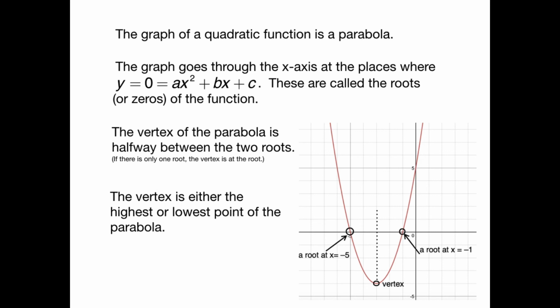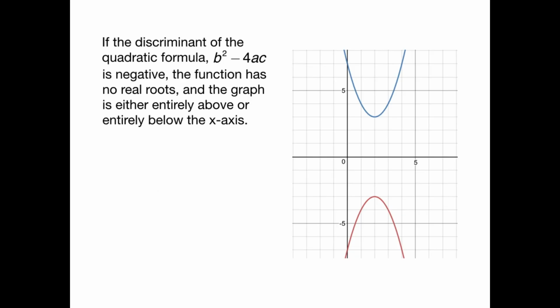And the vertex is either the highest or the lowest point of the parabola. If the discriminant of the quadratic formula, b squared minus 4ac inside the square root, is negative, the function has no real roots, and the graph is either entirely above or entirely below the x-axis.